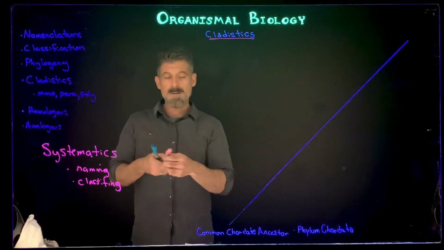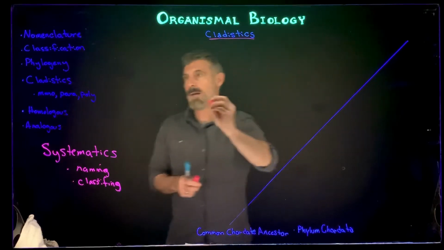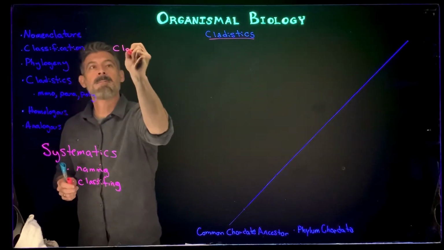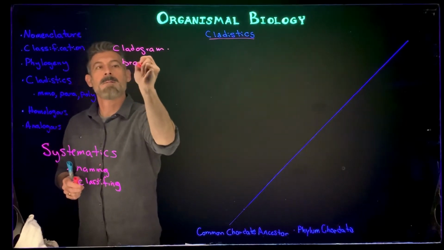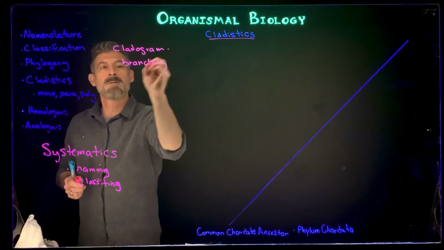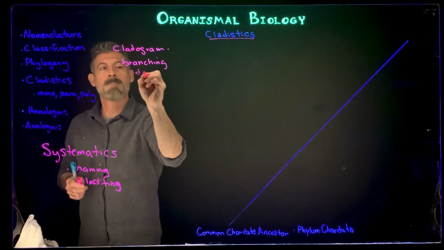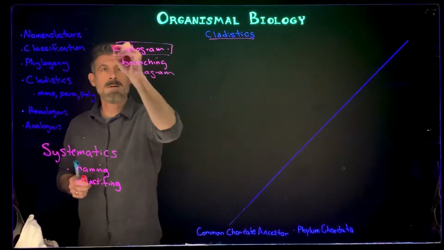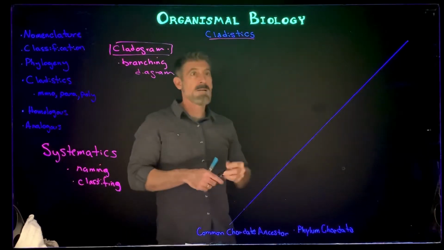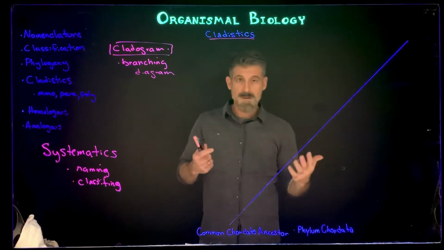It's a branching diagram, and that's what I'm going to be drawing here as a cladogram. And cladistics are some of the rules and terminology that are applied to this.